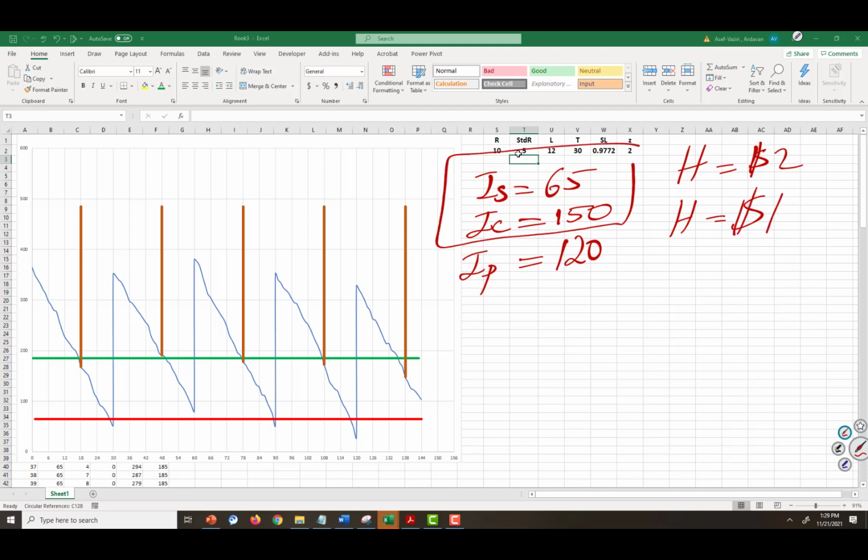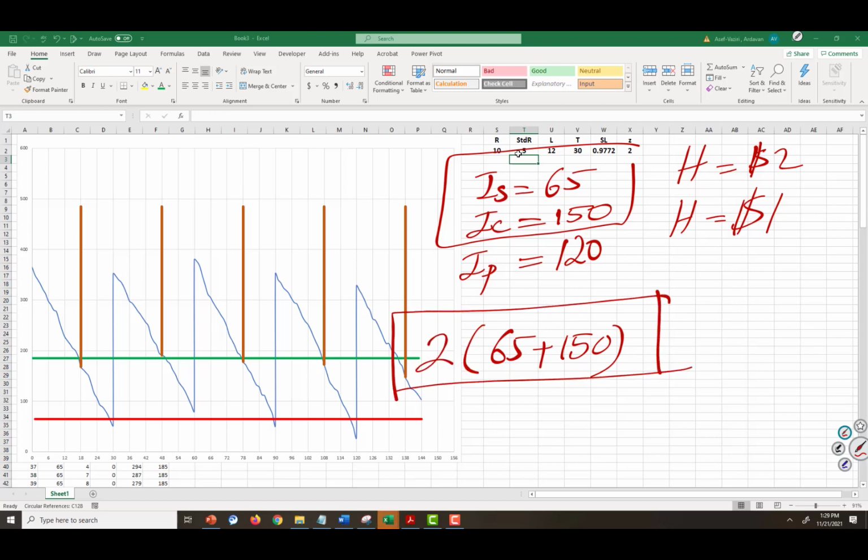This is in storage, so that is 65 plus 150 times 2. That is carrying cost in storage. Pipeline is 120 times 1, that is pipeline cost. Pipeline cost usually is only financial cost, but not labor, not rent. Storage cost includes all of them.